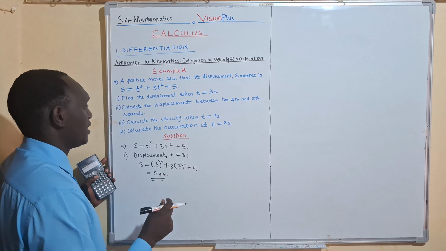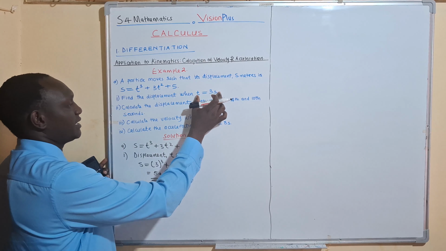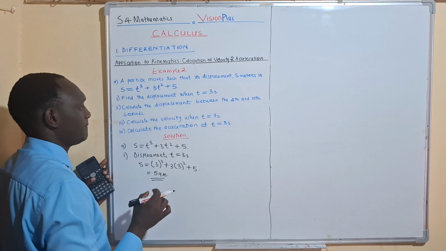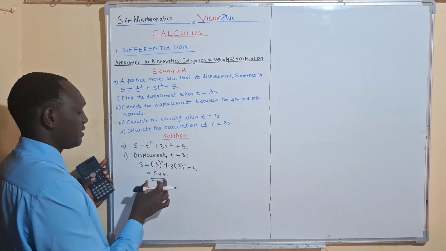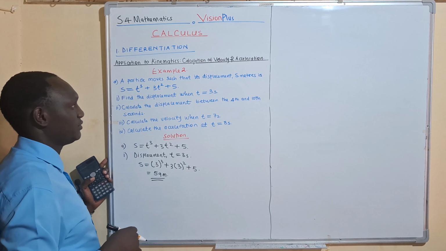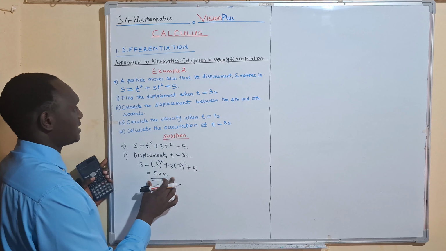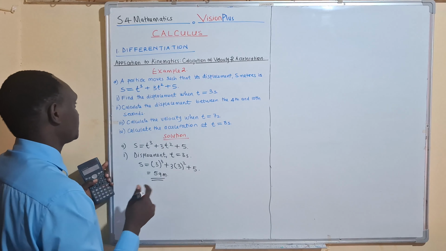So when the time is 3 seconds from the beginning, the particle will be 59 meters away from the initial position where it started to move. So this is the answer for Roman 1.